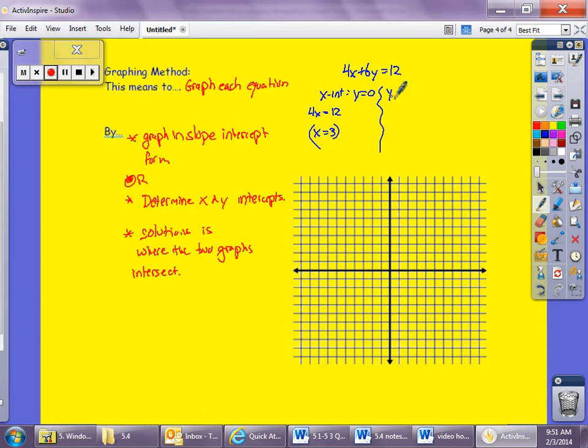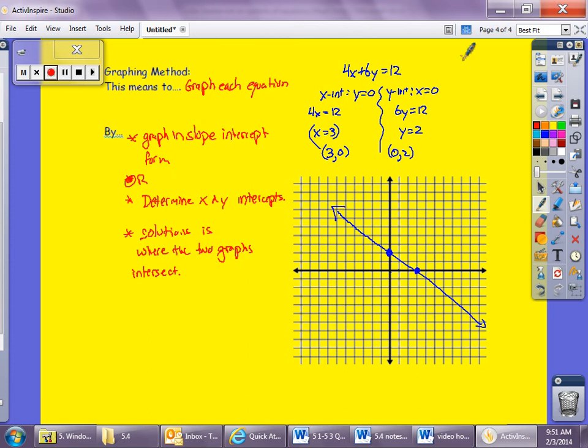And then the y-intercept, x equals 0, so we're left with 6y equals 12 and y equals 2. So we have the point 3 comma 0 and the point 0 comma 2. We'll connect it with a straight line.